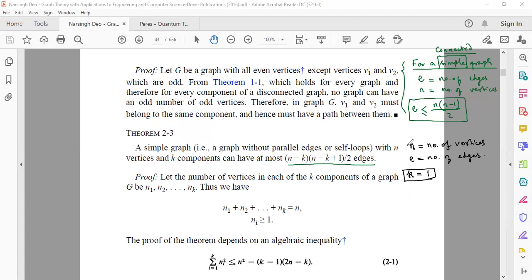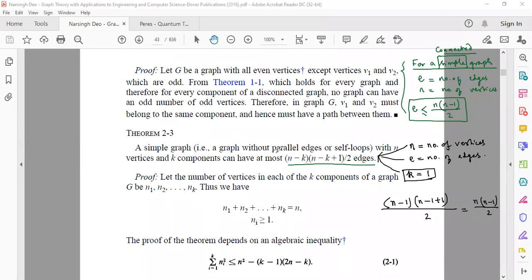And if I substitute these figures in the result of the theorem, if I substitute k equal to 1, we are going to get (n minus 1)(n minus 1 plus 1) divided by 2, which is of course n(n minus 1)/2.